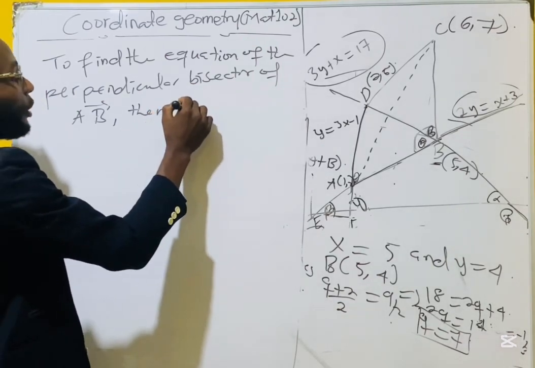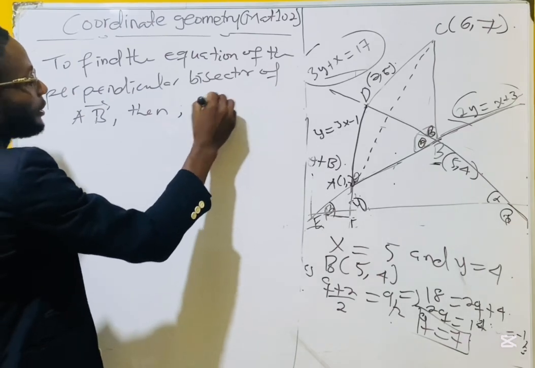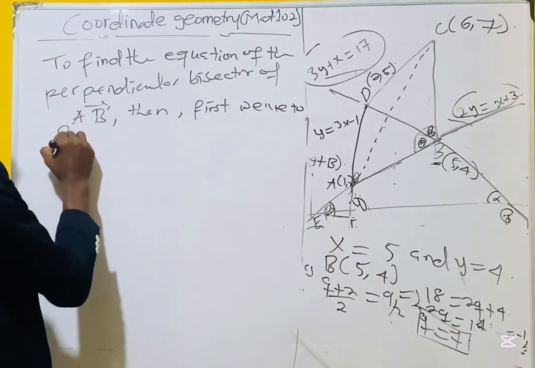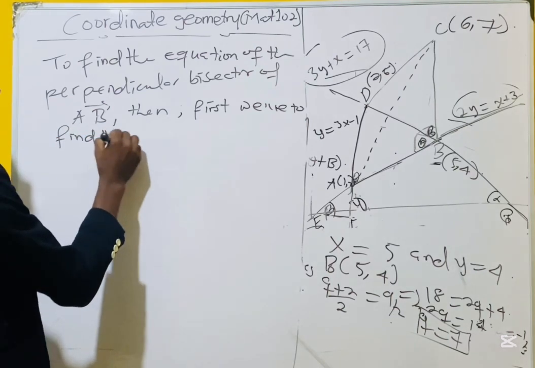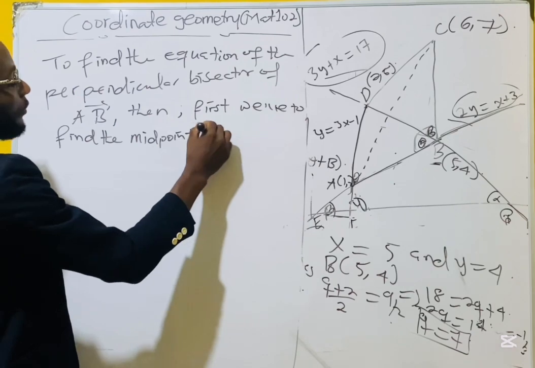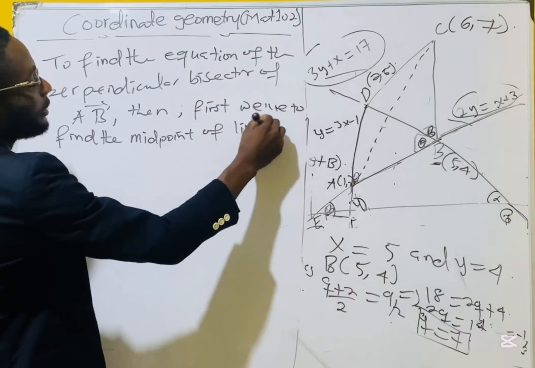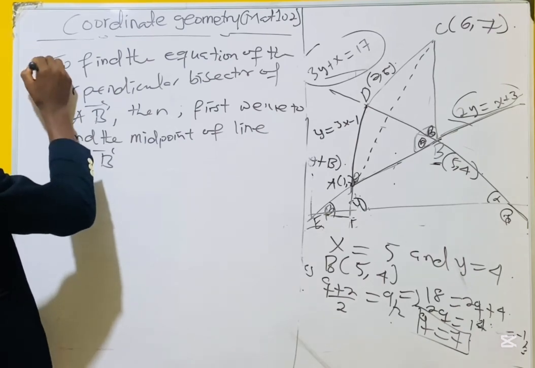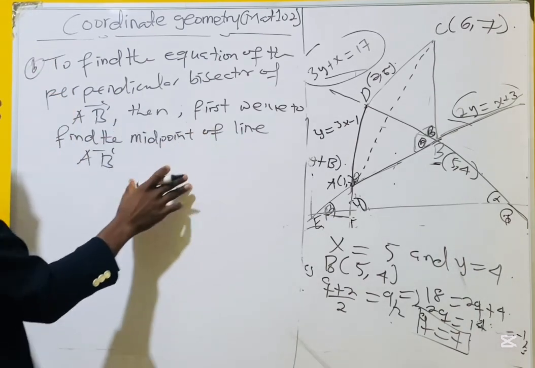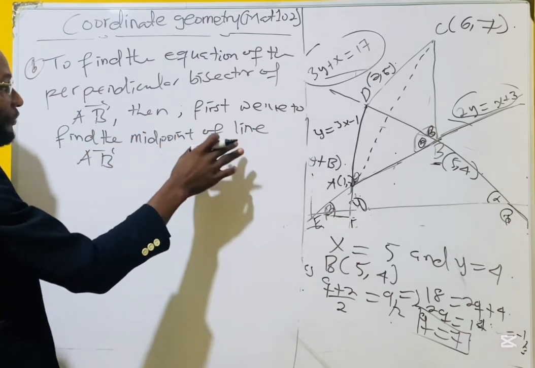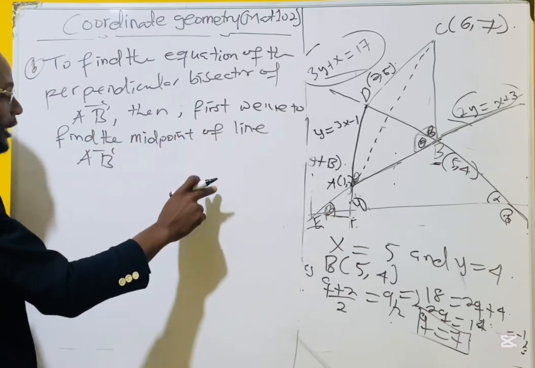So then first we have to find the midpoint of line AB, right? So that is the second part of the question. The equation of the perpendicular bisector of line AB. Then first we have to find the midpoint of line AB, right?